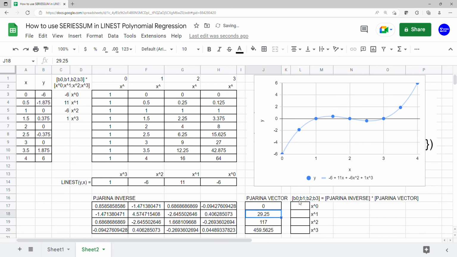Now we can calculate the coefficients. So the pseudo-inverse times the pseudo vector is equal to MMULT of the pseudo-inverse and the pseudo vector.